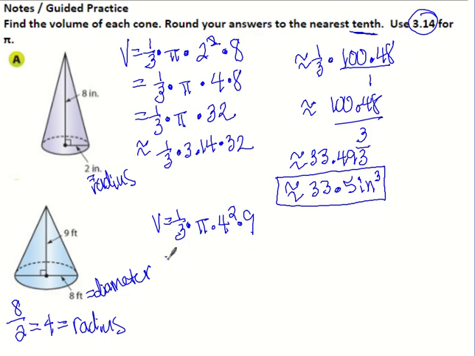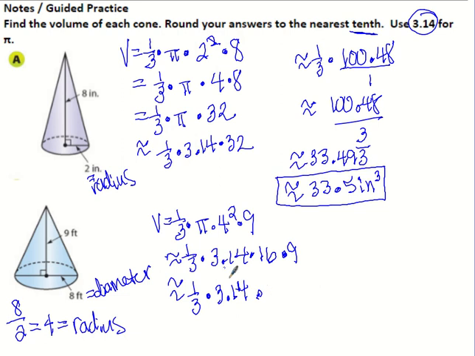So let's just change pi right now. 1/3 times 3.14 times 16 times 9. So about 1/3 times 16 times 9, so 144.